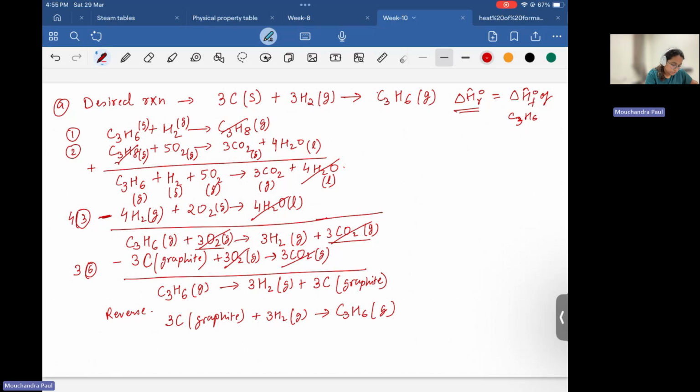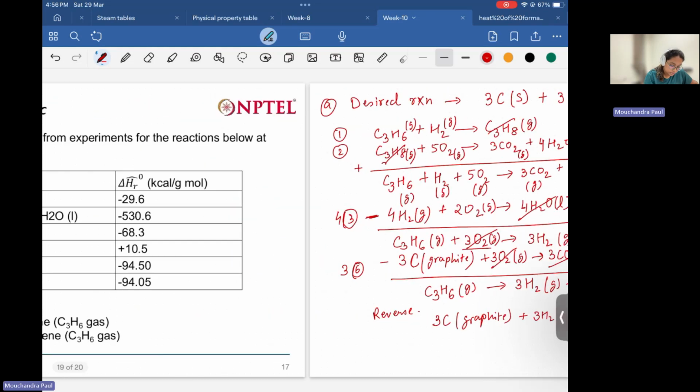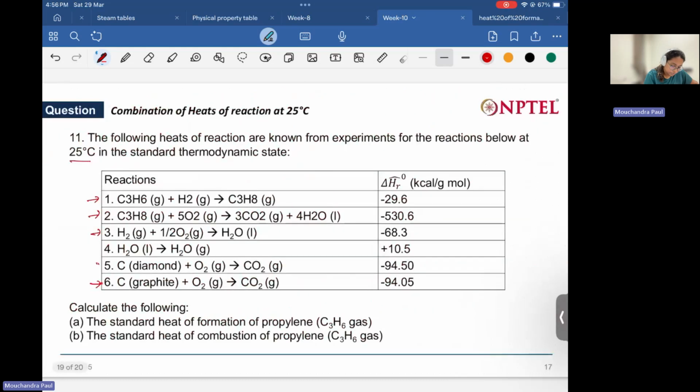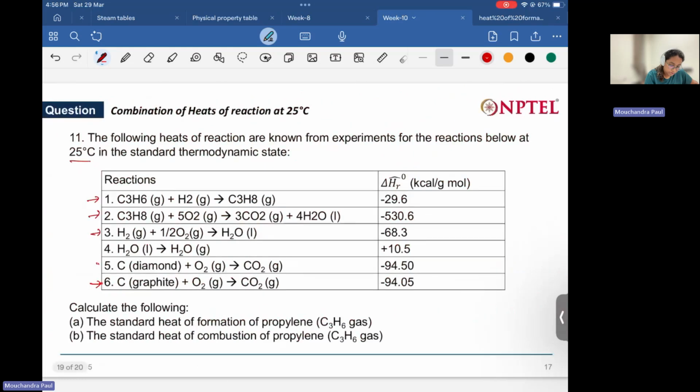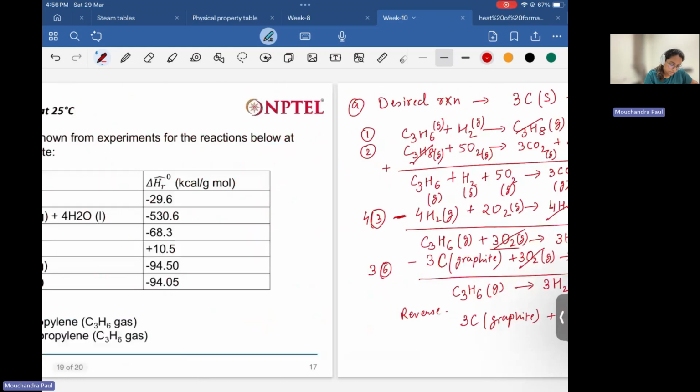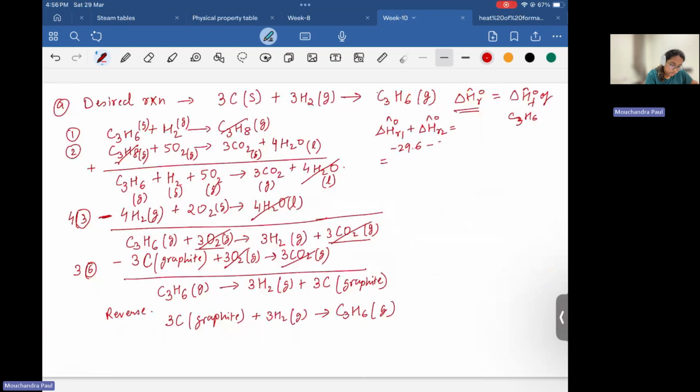So in the first step, what we did, we added the heat of formation of reaction 1 with reaction 2, which is giving us the heat of formation of this expression that we got. So 1 and 2: minus 29.6 minus 530.6.